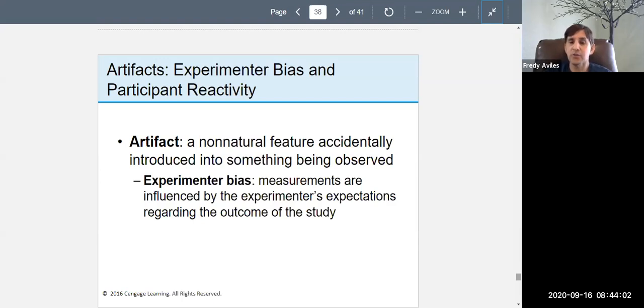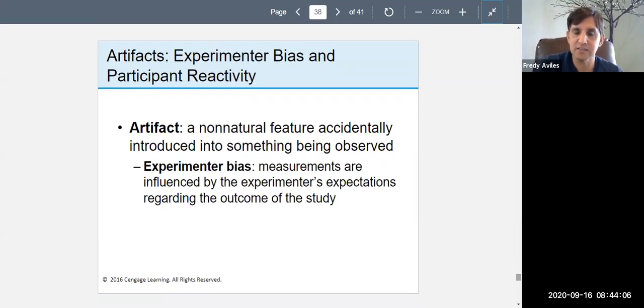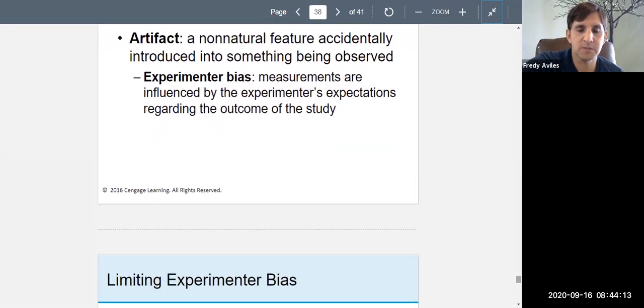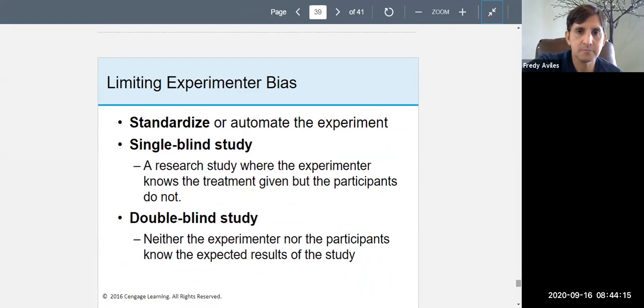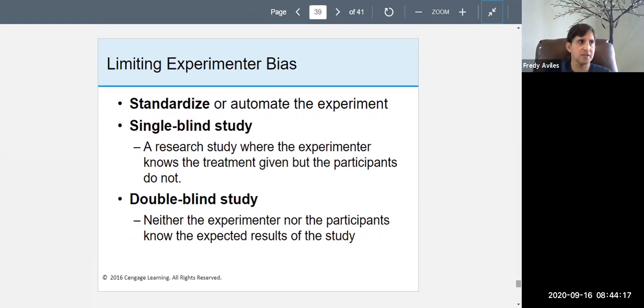Okay, so you usually need a third person to reduce this problem. You need an assistant who isn't so invested in the outcome of the study, and let that assistant run the study, so to speak. So it's not influenced so much by the experimenter, because the experimenter is the one who designed the study and expects things to work out in a certain way. He or she can still be involved, but you need to remove them a little bit from critical features of the experiment.